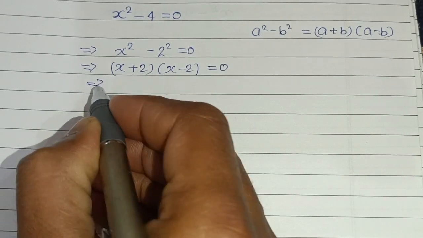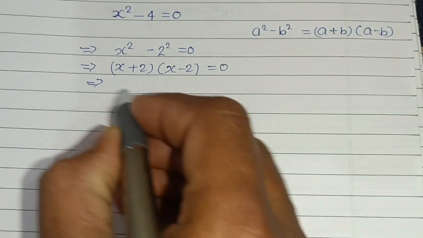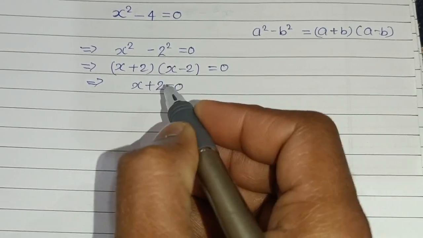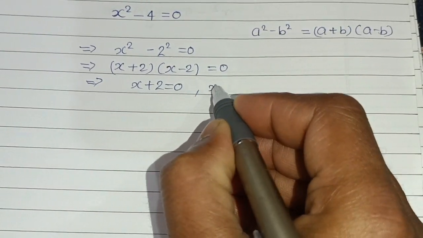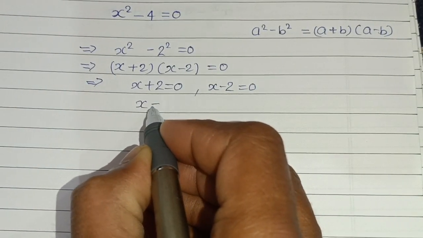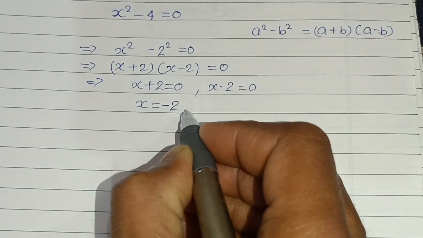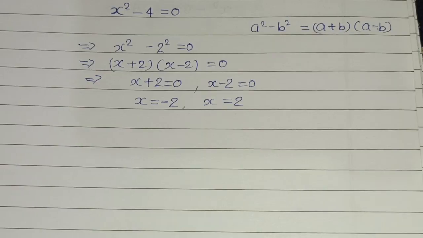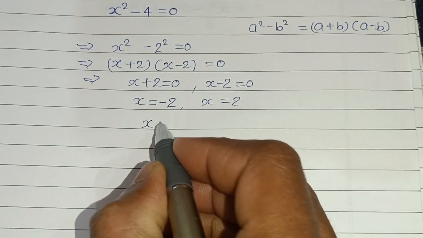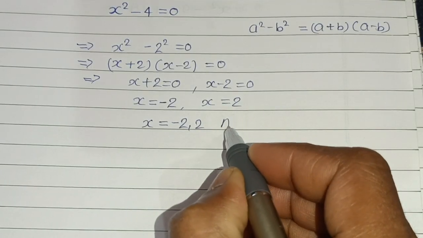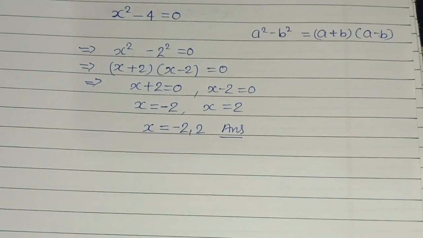So that is x plus 2 is equal to 0 and x minus 2 is equal to 0. So x is equal to minus 2 and x equal to plus 2. So we have the value of x is minus 2 and 2. That is answer. Note down.